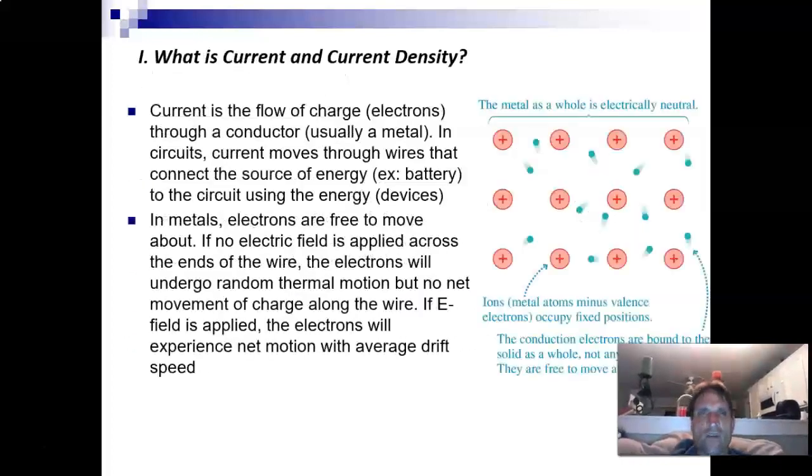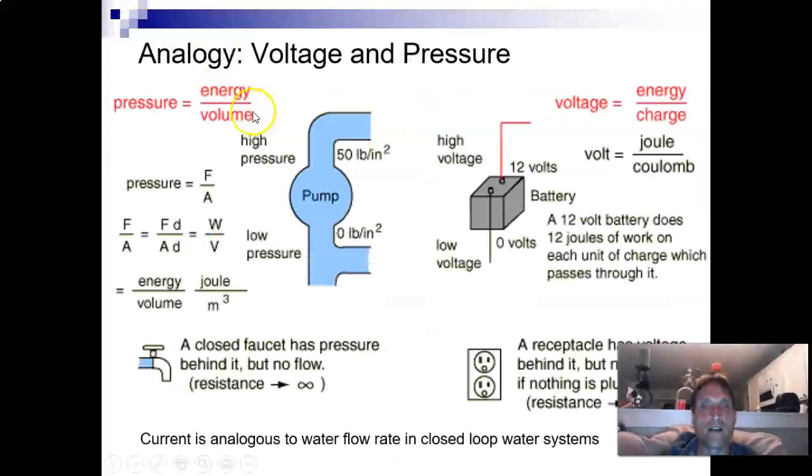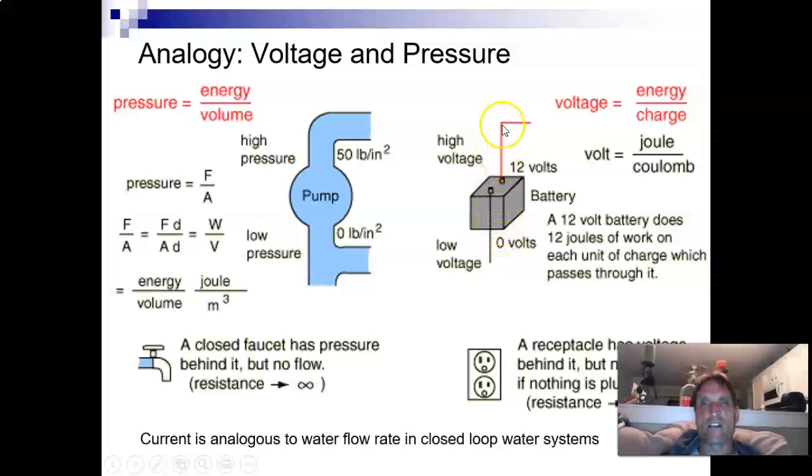Going to the analogy with water circuits, we have some source of potential like a battery which separates charge, and that charge leads to an electric field, analogous to a pump in a closed water loop. Now we're going to get into the flow of current through the wire, which is produced by this electric field, and that's analogous to the flow of water in a closed water loop.